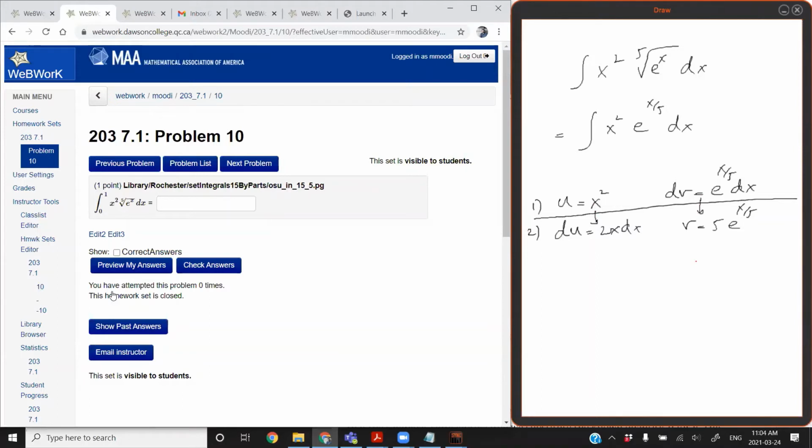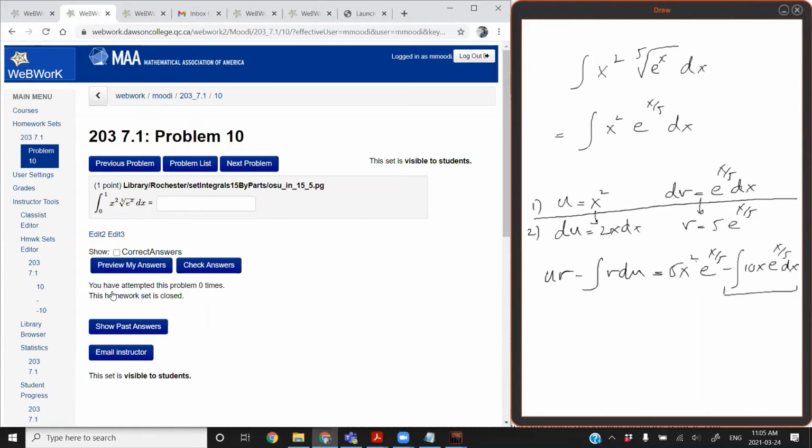And then you just use the formula: uv minus the integral of v du. So in this case, it's going to be 5x squared e to the power of x over 5 minus the integral of v du, that's 10x e to the power of x over 5 dx. Now, this one needs another integration by parts.